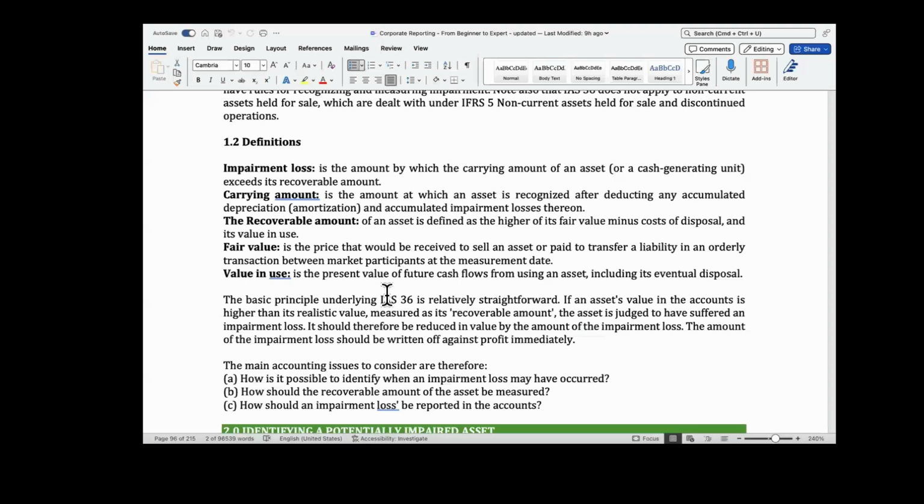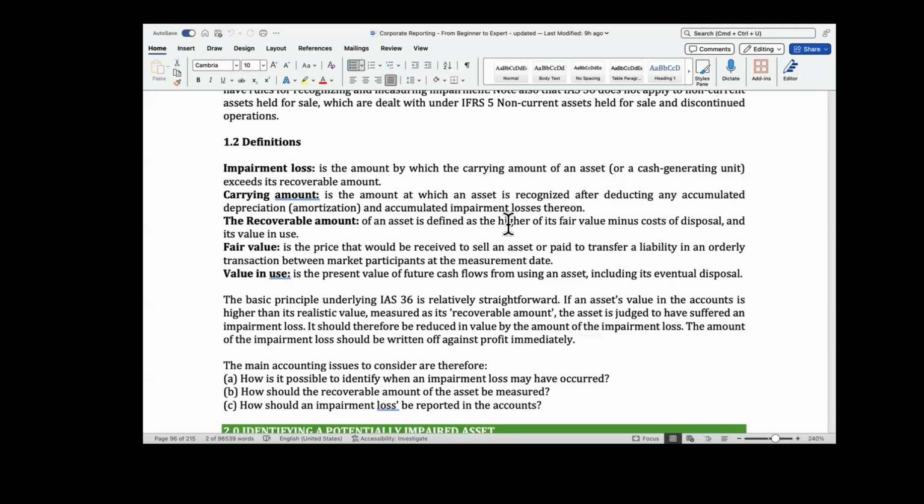Of course, you will have deducted the accumulated depreciation and accumulated impairment losses from either the cost or the fair value of that asset. But that is carrying amount: the amount an asset is recognized after deducting accumulated depreciation and accumulated impairment losses.